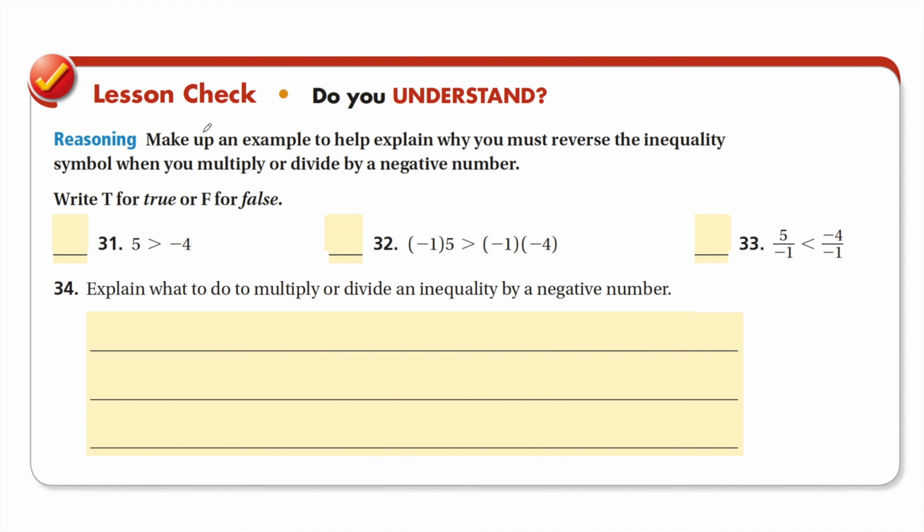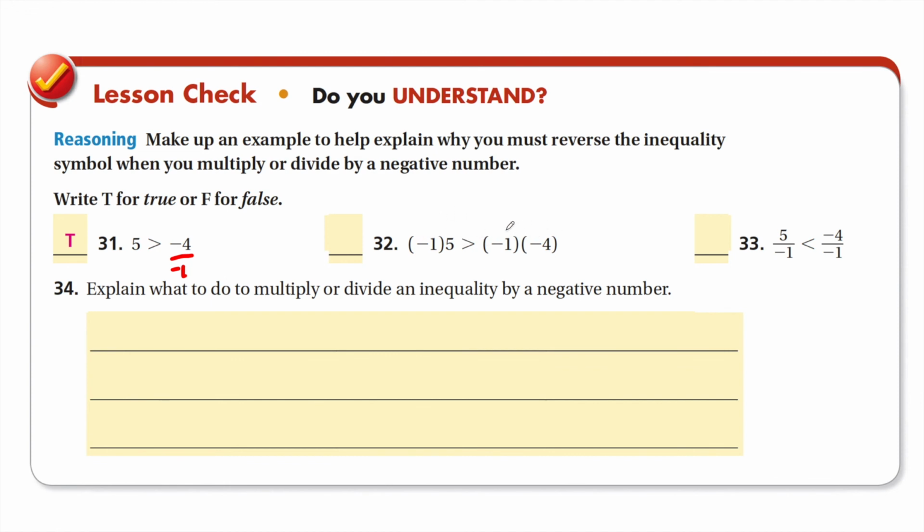First things first, write T for true or F for false. Is 5 greater than negative 4? Absolutely, that's true. Well, if I were to move that negative sign to the other side, I would have to multiply by a negative or divide by a negative 1. In this case, they decided to use multiplication of a negative 1.